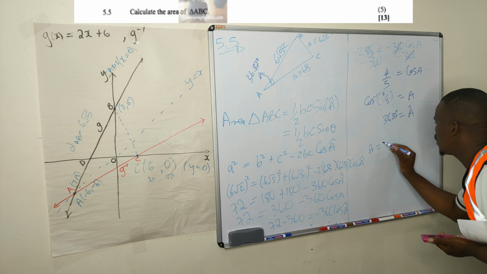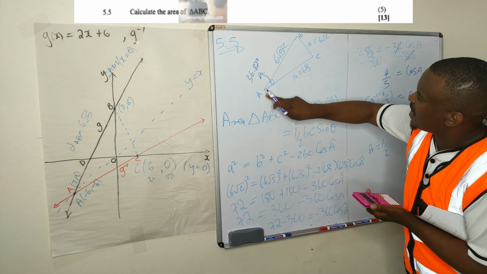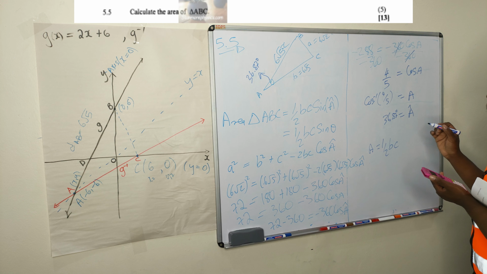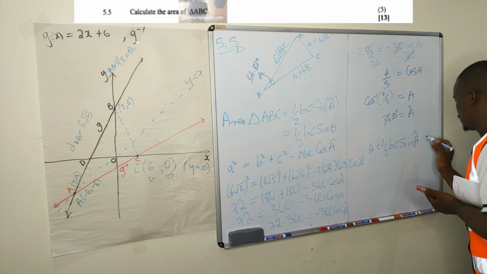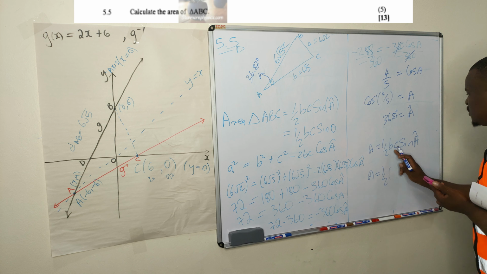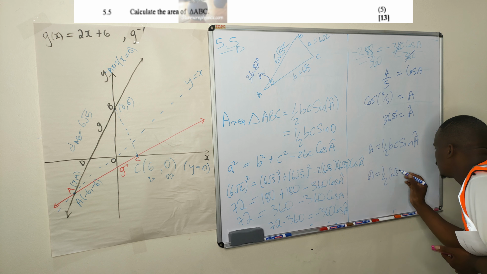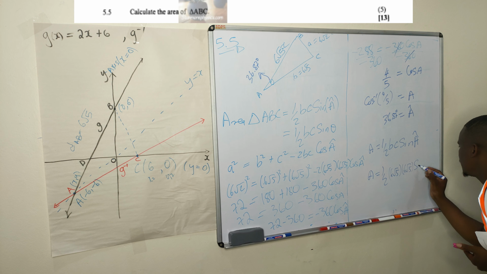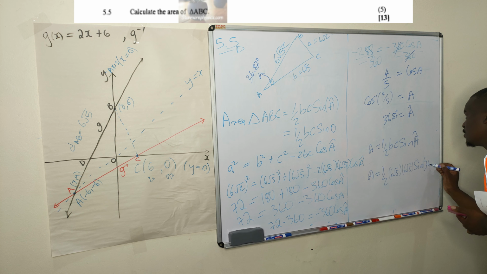So the area is equal to 1 over 2 B C sine A. So therefore, A is equal to 1 over 2 times B. What is your B? It's 6 root 5 times 6 root 5 times sine the angle, this one, which is 36.87.